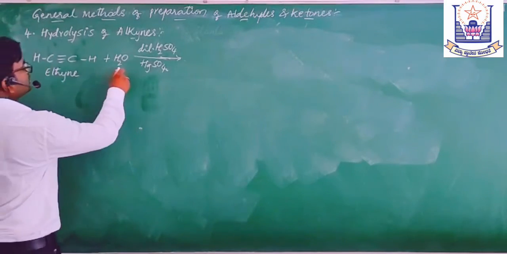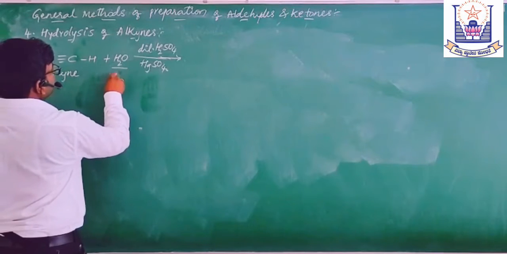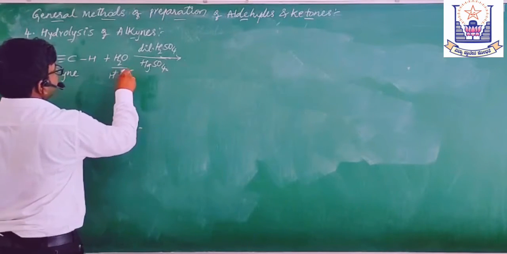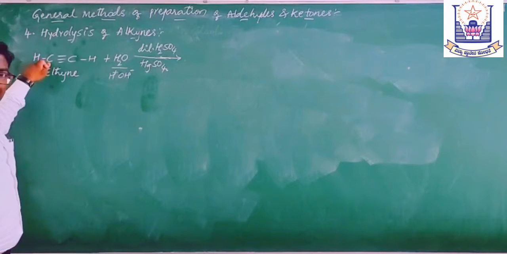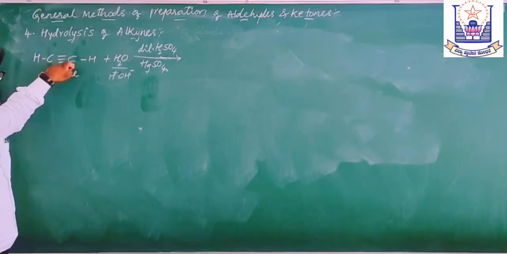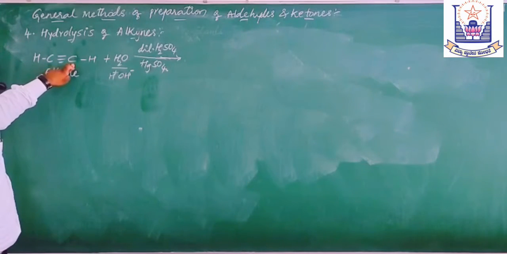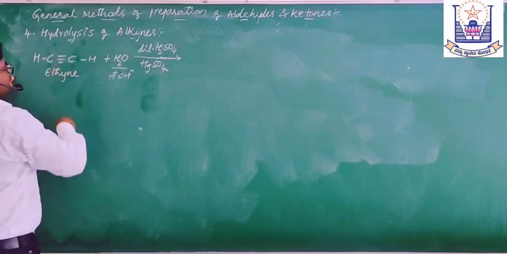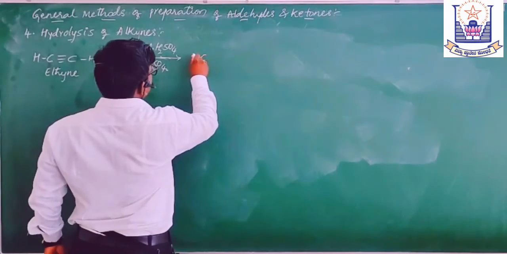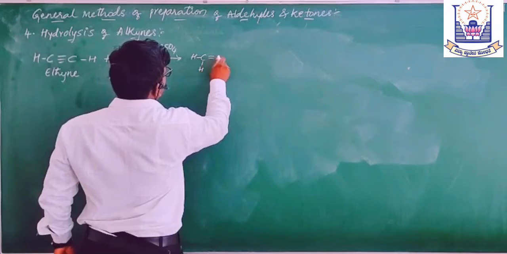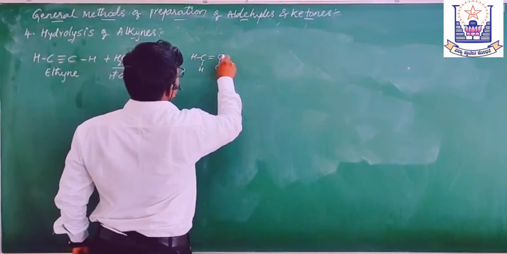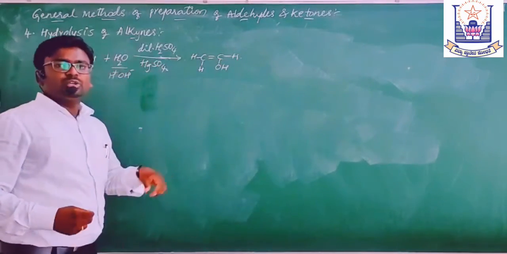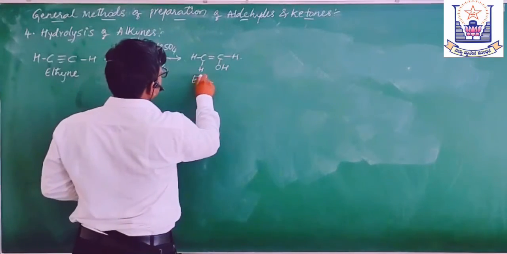Here H2O means there are two parts, H plus and OH minus. One part will add on this carbon, the other part will add on the other carbon. For example, H plus attacks this carbon, and you get CH2=CH-OH. It is called an enol.